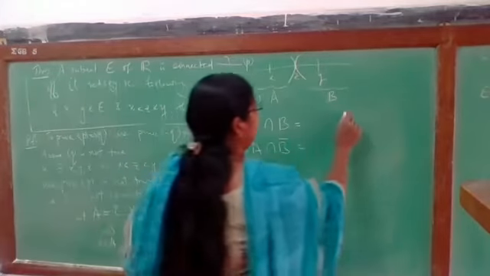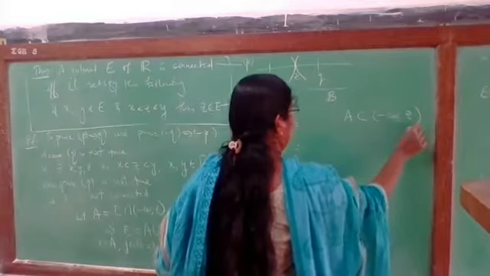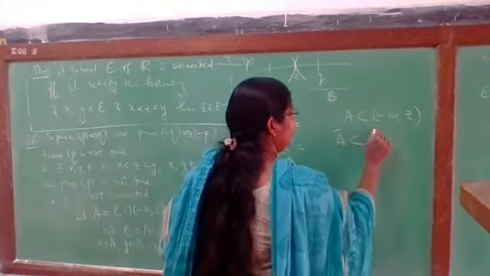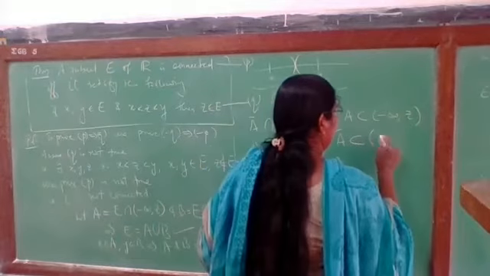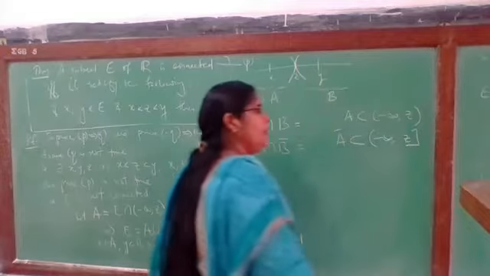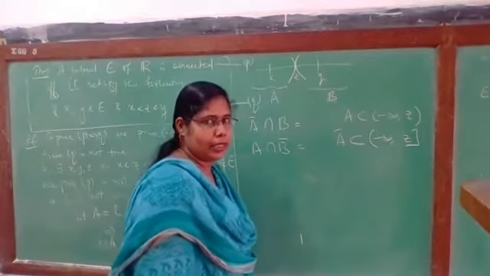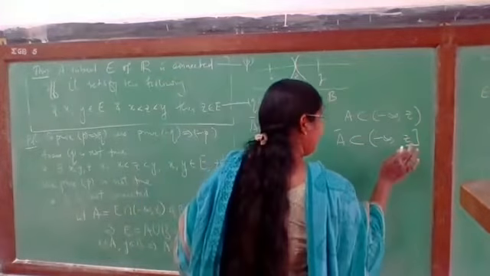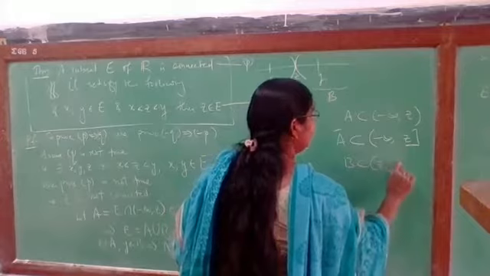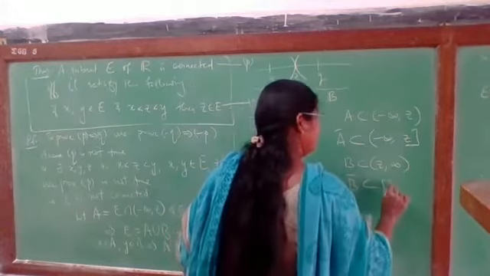You can see that A is a subset of minus infinity to Z, so A closure cannot be above Z. It should be contained in minus infinity to Z closed. Similarly, B is contained in Z to infinity, so B closure is contained in closed Z to infinity.